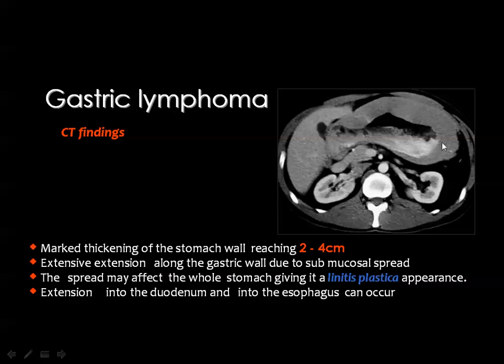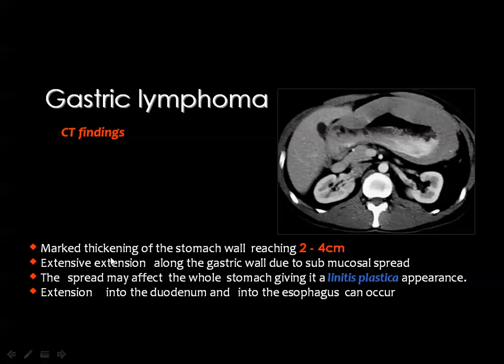And in this CT scan, you can see the severe diffuse gastric wall thickening affecting most of the scanned part of the stomach, markedly encroaching on the gastric lumen, which contains some of the orally administered contrast as well as air.